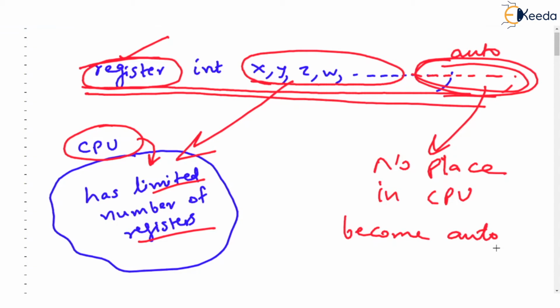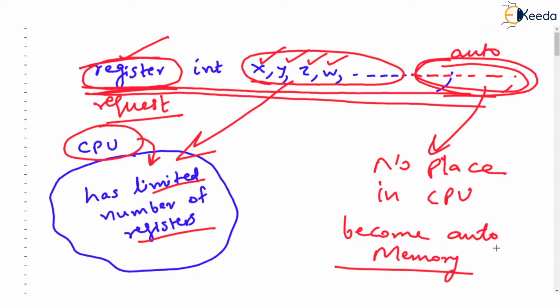But the decision whether there is a place in the CPU or not will be made by the C compiler. By the way, this word register is just a request that we are making as a programmer: please try to store these variables in the registers of the CPU. And if you cannot, then please make them auto. They will automatically become auto variables and will be stored in the memory of the computer.